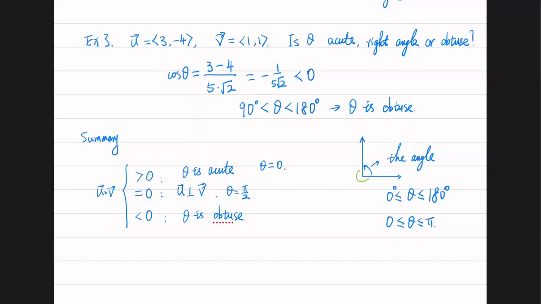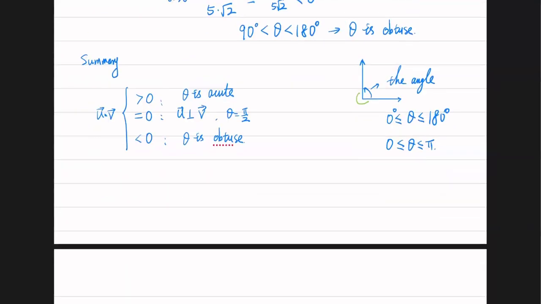Okay, let me run over there. If theta is 0, what's cosine theta? George, cosine 0.